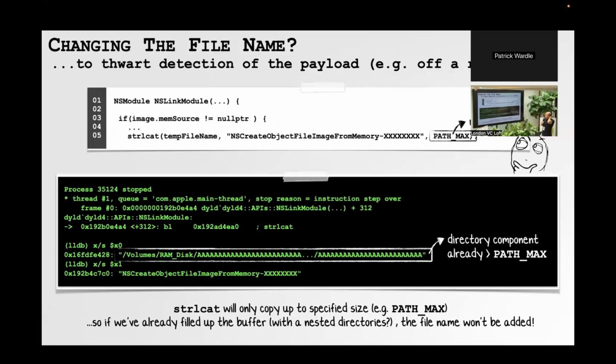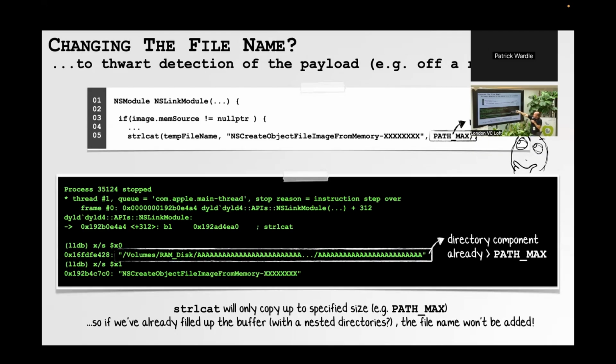And I said, okay, well, what are they doing with that file name? It turns out they were using the strlcat API to build a full file name using that prefix. strlcat will copy up to a specified size to make sure there's no buffer overflow. So we can exploit that by creating a very, very long file name.